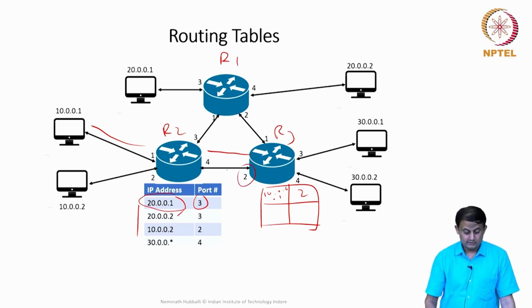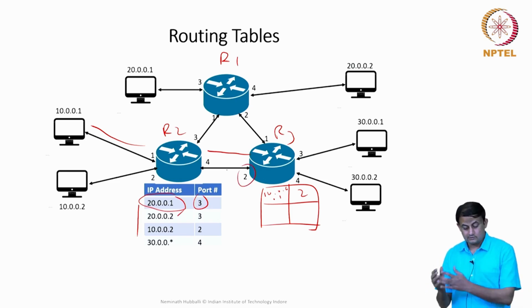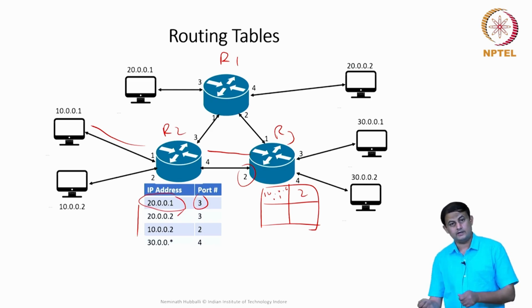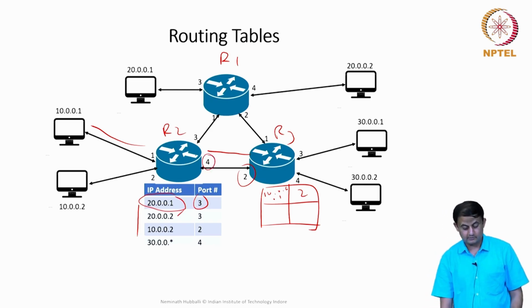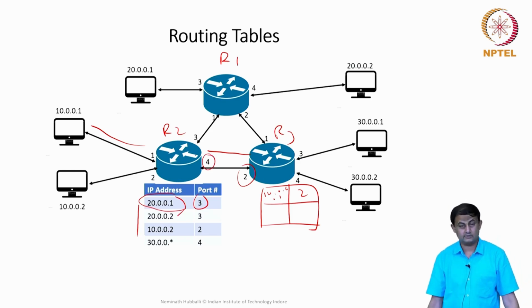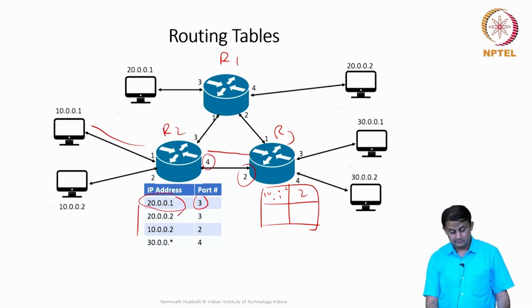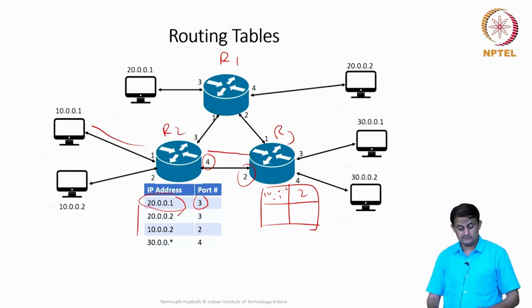Port number 2 is a notion local to this router R3. The router R2 might have a different port number on the same link, and that's okay. Based on the routing table of that router, the routing decisions are made.